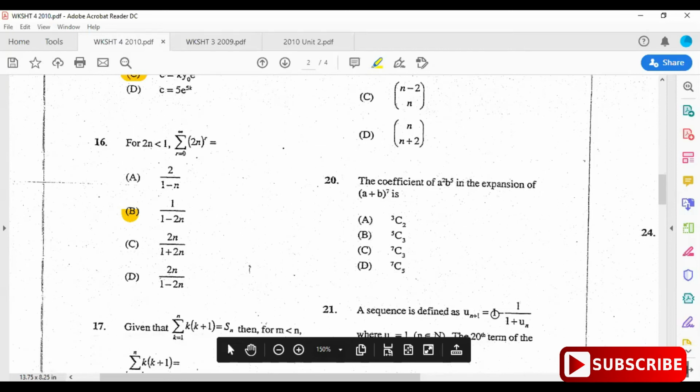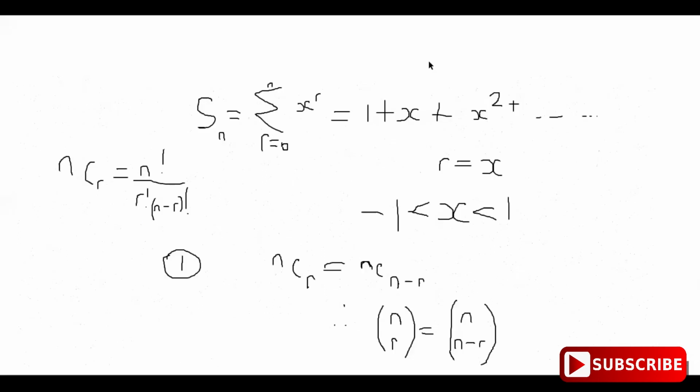Now this question asks for the coefficient of a squared b to the fifth. If you have a plus b to the seventh, and you look at the third term, the first term you choose 0, the second term you choose 1, the third term you choose 2.